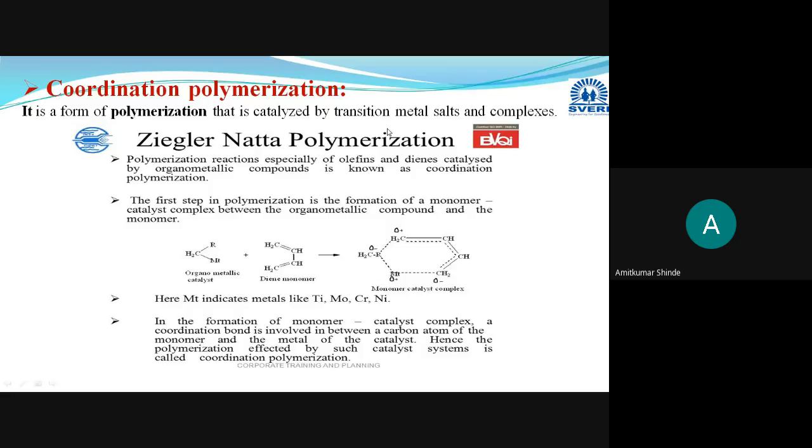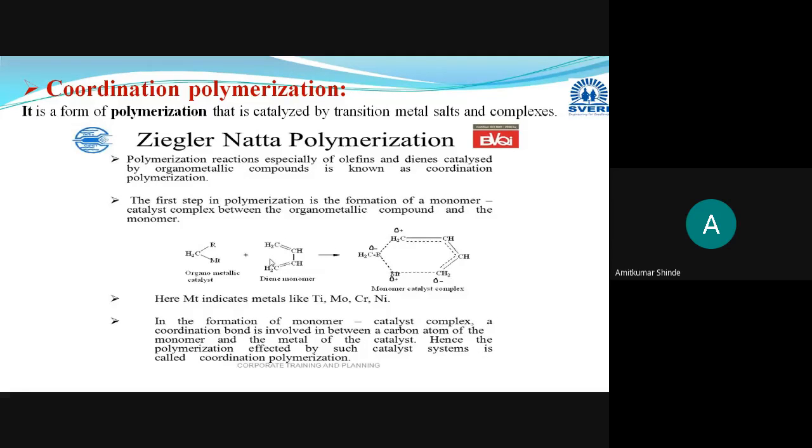You can explain it in one sentence: the polymerization which occurs when we add one catalyst or accelerator, and that catalyst may be in the form of a metal salt. Due to the addition of that metal salt, it will trigger that process, or start the polymerization process, and we will get the polymer. This process is termed coordination polymerization.